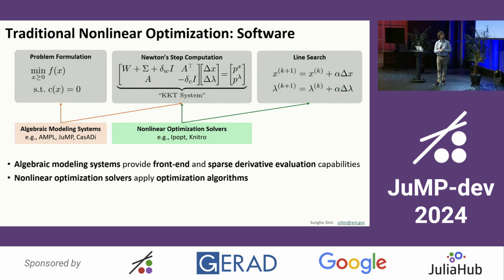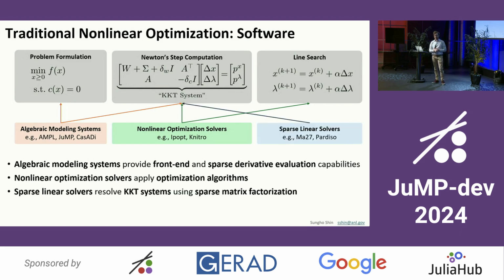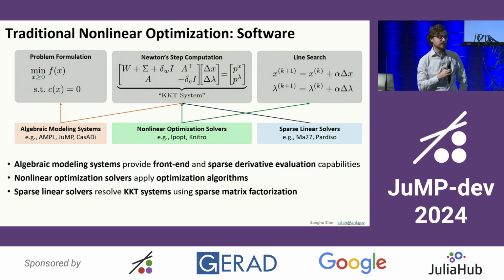I won't go into the details of interior point solvers, but it's up there. And then, as we go through their algorithms, they rely on a sparse linear solver, maybe like MA27 or whatever you like to use, primarily in dealing with that Newton step. So this is how the whole pipeline goes together when you want to solve nonlinear optimization problems with IPOPT or similar.